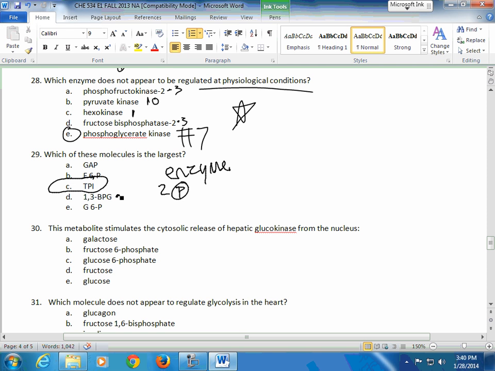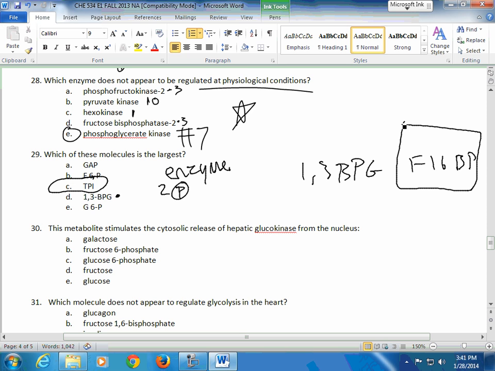And if you were given 1,3-BPG versus F16 bisphosphate together, remember the first set of 5 metabolites all are 6 carbon molecules, and then they break in half and become 3 carbon molecules. So this is going to be bigger if it comes to that. It's a pretty involved question.